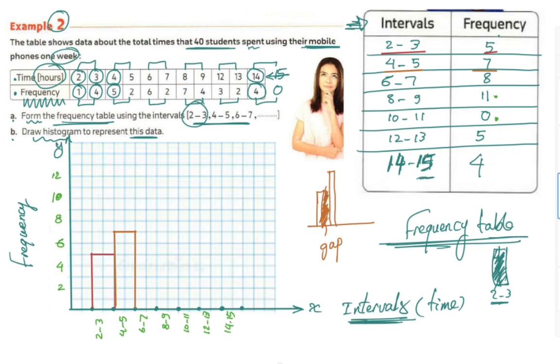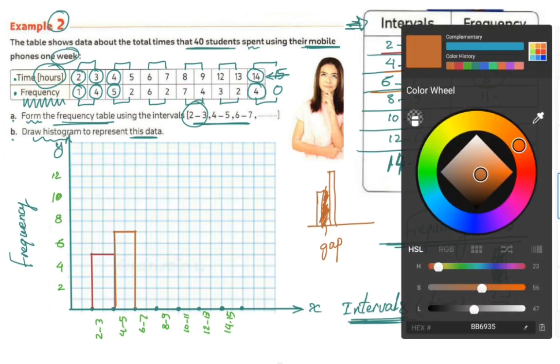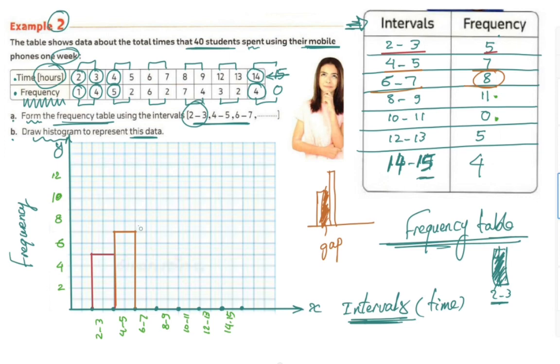Now the third interval, from 6 to 7, has frequency 8. Where is 8? Here.